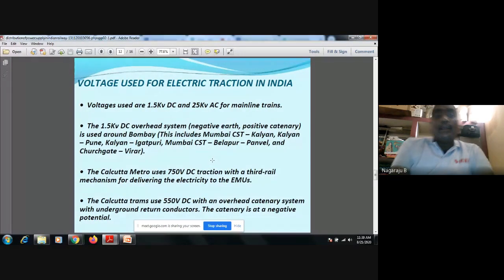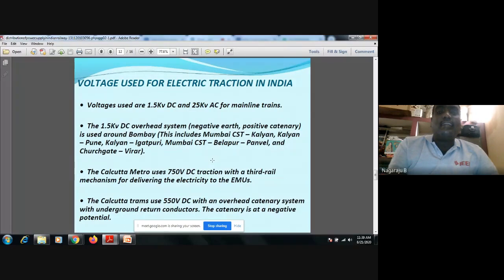In our India, a 1.5 kV DC overhead system is there, used in Bombay, Pune and Belpur.